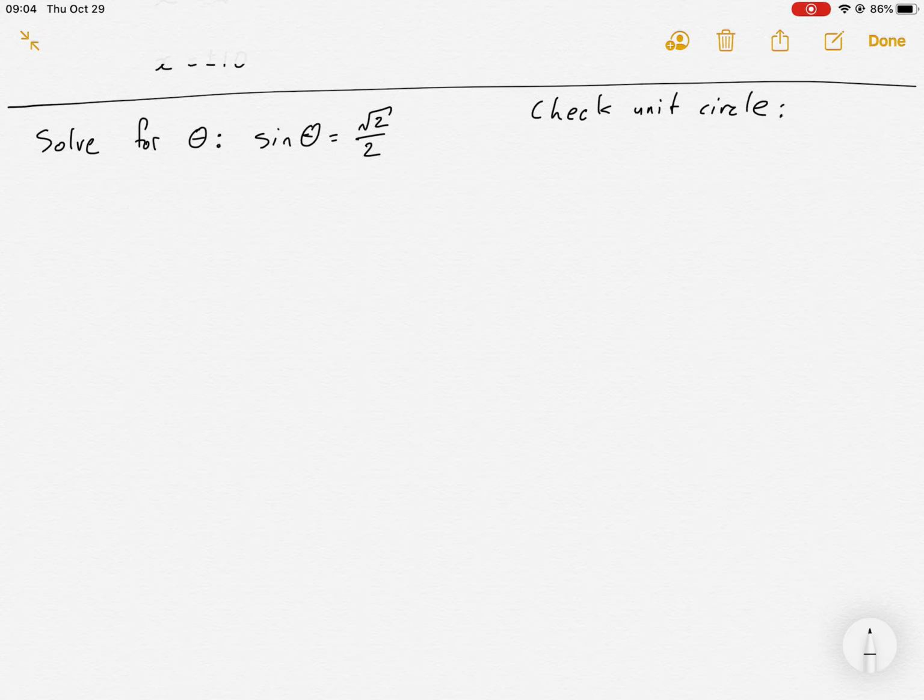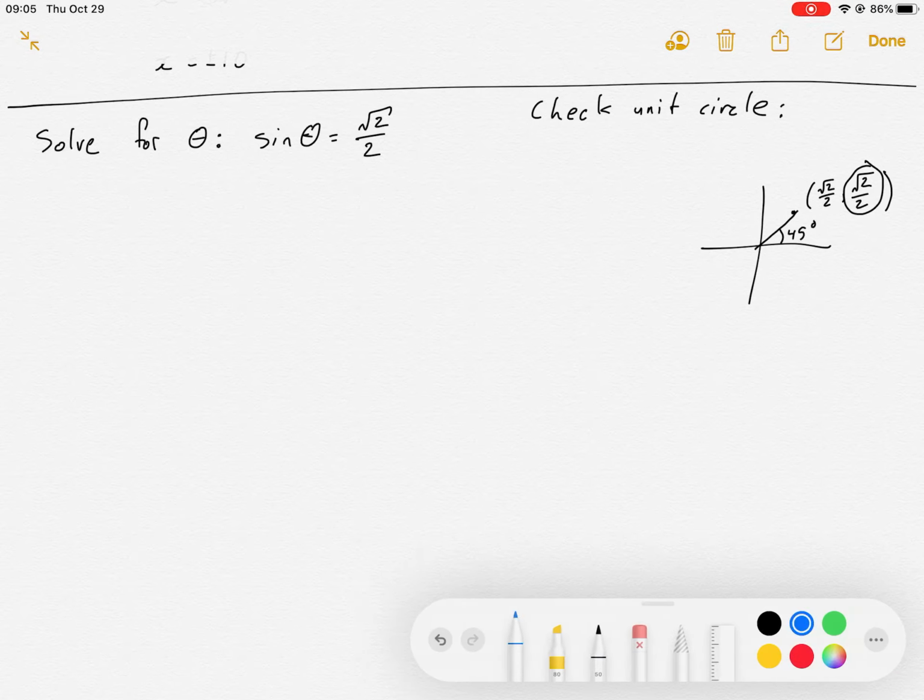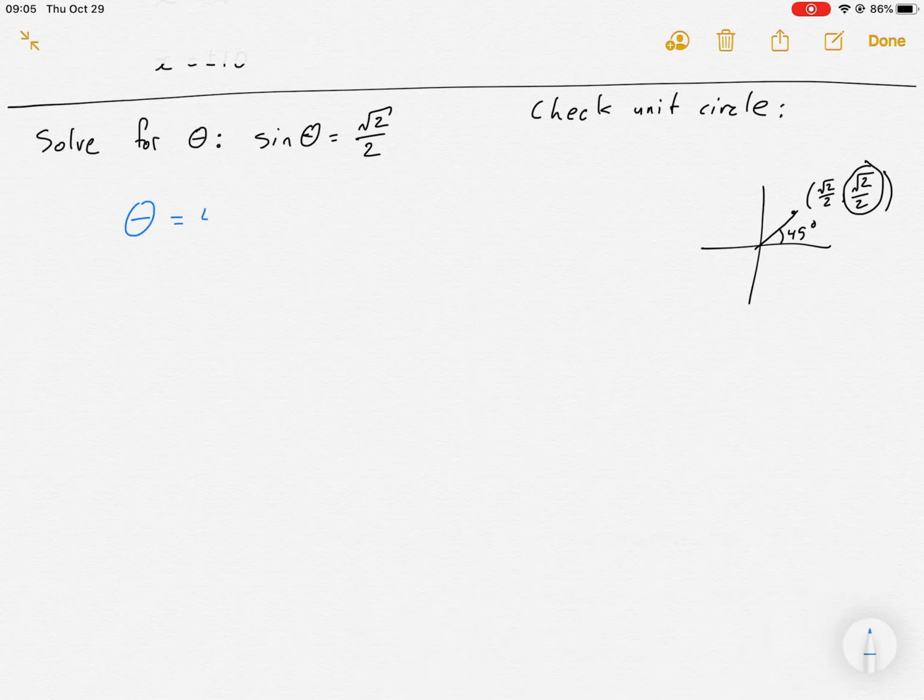And if you did that, you would see that the y value when the angle is 45 degrees is the square root of 2 over 2. The x value is as well, but with sine, we're only concerned with the y value. So we would say, well, I know the answer. You'd say, I got it, Mr. Edwards. The answer is 45 degrees.